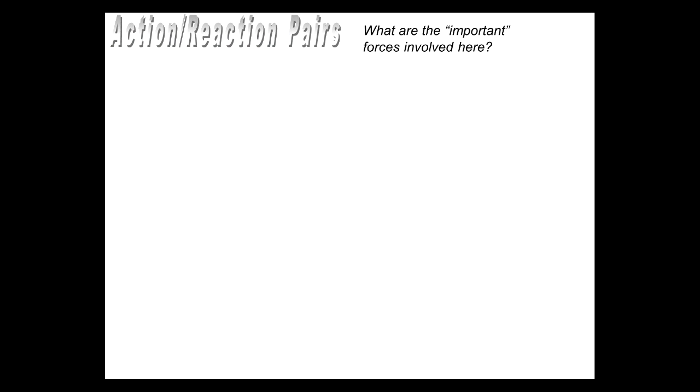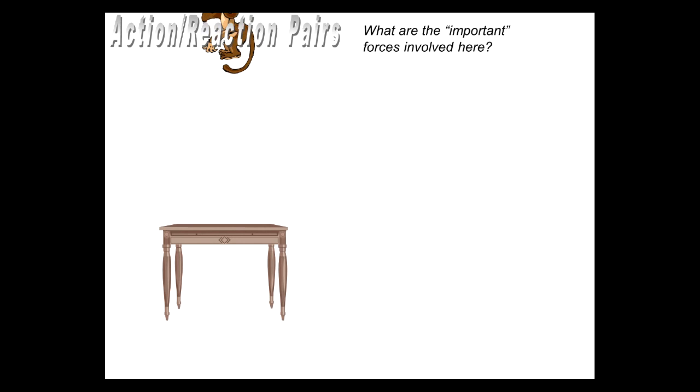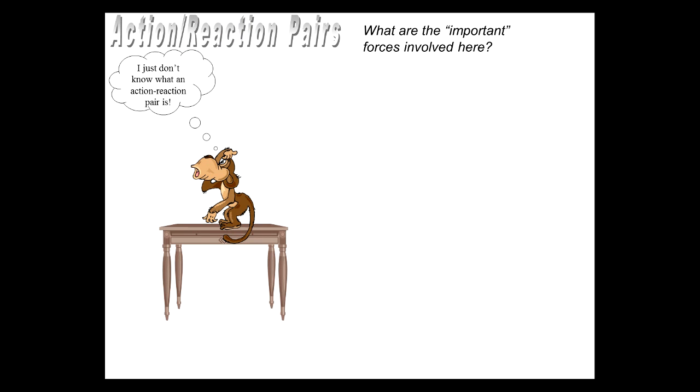So now let's define action-reaction pairs. Bring in the table, and bring in the monkey. That's right, the monkey. Who's not so smart, I mean, look at it. There's this brain case.